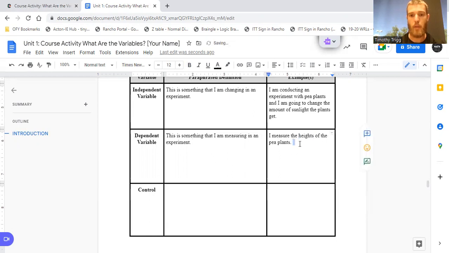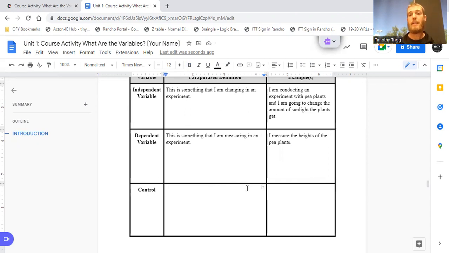This would be an example of a dependent variable, but you could also look at the color of the plant. That would be another example of something you can measure. Or you can measure how many peas they produce. These are all things that you can measure. You could add these to the examples as well. Or if you think of something completely different, go ahead and knock yourself out.